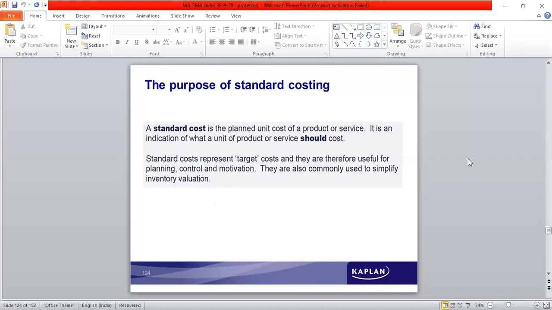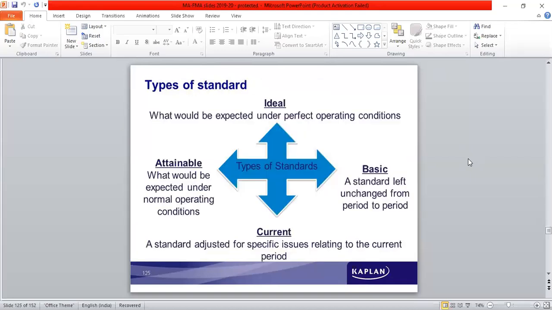In case of budgets, we have learned budgets prepared for operating purposes, operating budgets, then financial budgets. Under standard costing, the standards are decided for the revenue and cost.